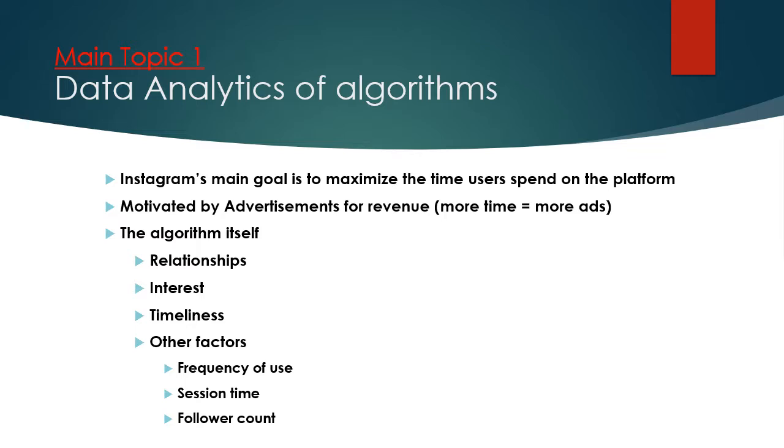It finds out their interests in a timely manner, and other main factors of this algorithm. And this algorithm is basically deciding what it's going to put in front of you. Okay, what information, what posts, what users, what products should be put in front of you in order for you to potentially click on these things, buy these things, follow these people that are going to end up making you spend money, essentially.